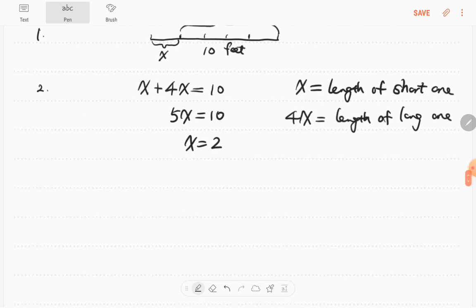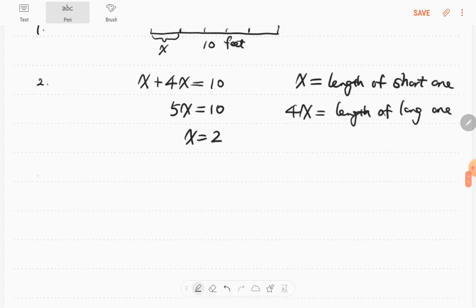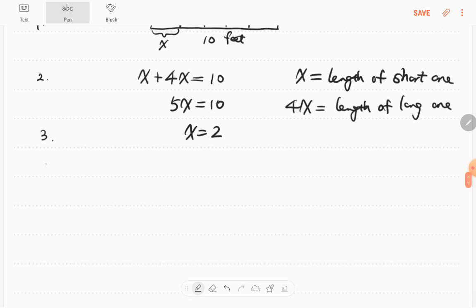After that, the short piece plus the long piece gives the whole board, 10 feet. So next step, we will interpret, because the question asks for the length of each piece.